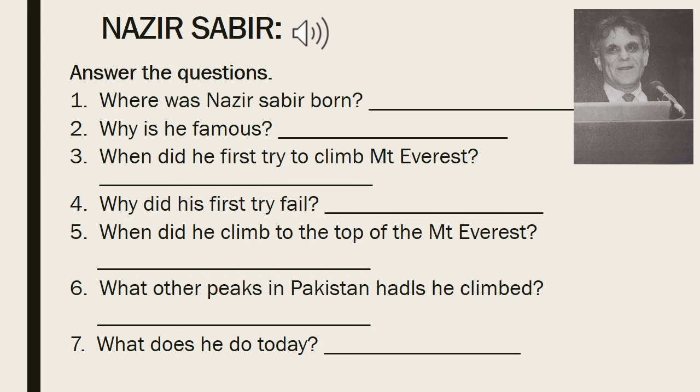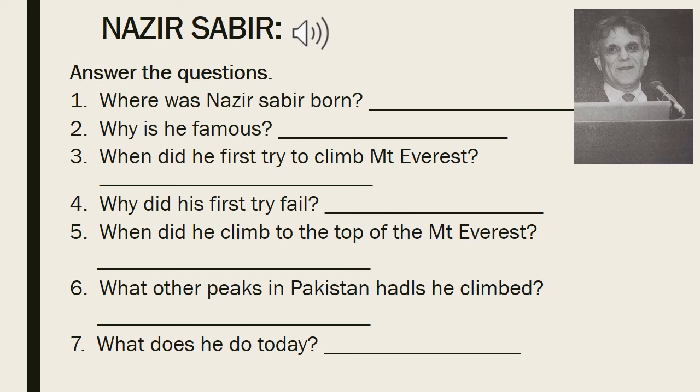He tried to climb Mount Everest in 1997, but strong blizzards, snowstorms, stopped him and his team. He finally climbed Mount Everest in 2000 and reached the top on 17th May. He tried to climb Mount Everest twice. First he failed, and the second time he reached the top.